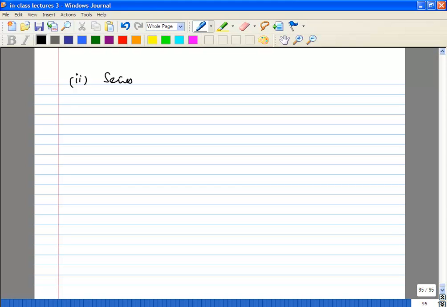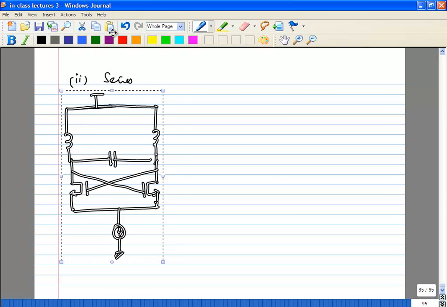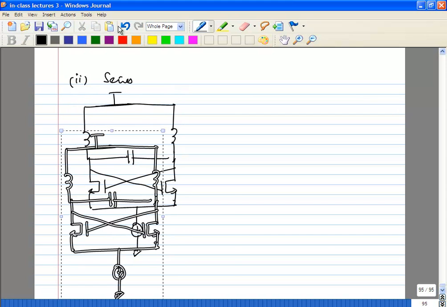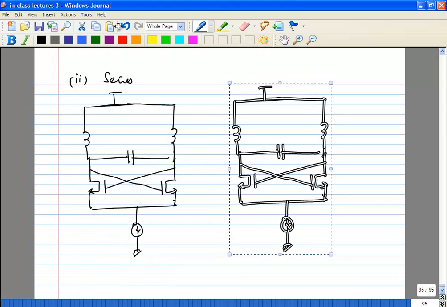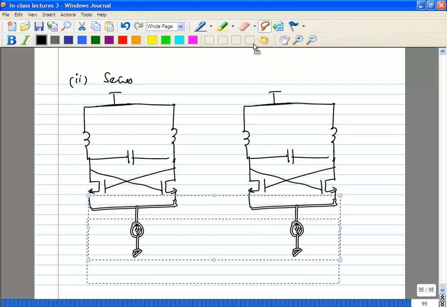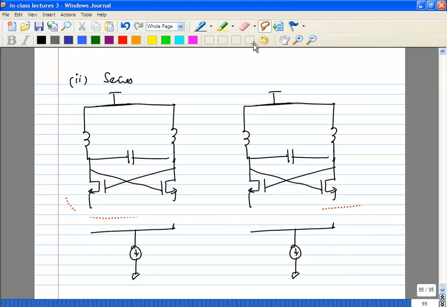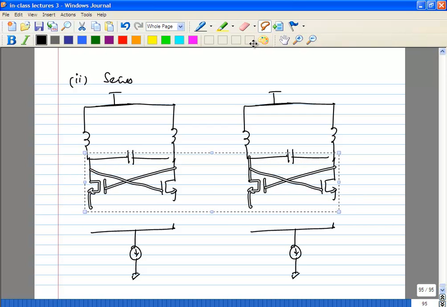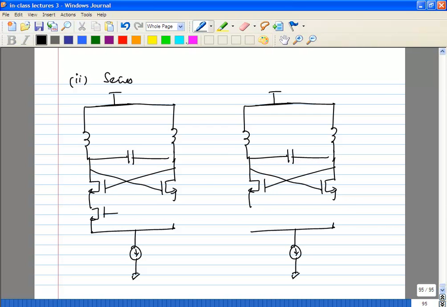You can have series coupling. So what you can do is take the same circuit, except you couple the oscillator outputs through series transistors. In this series coupling, you can interchange the positions of the cross coupled transistors and the series transistors.